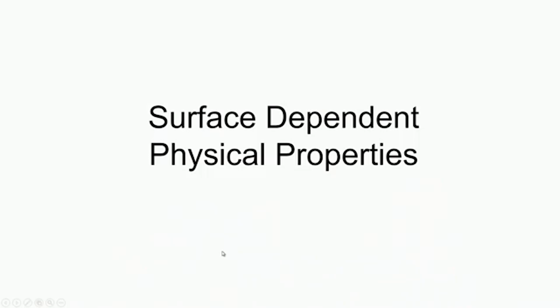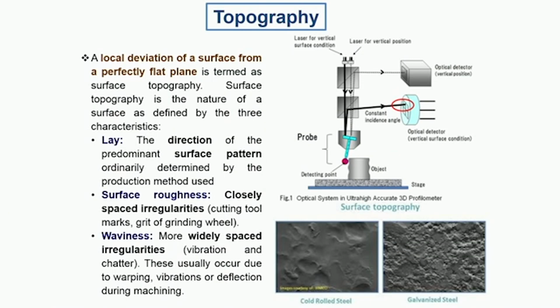So, if you now look into the slides, the very first one, since we are discussing physical properties, one of the foremost things that we need to talk about is the topography.